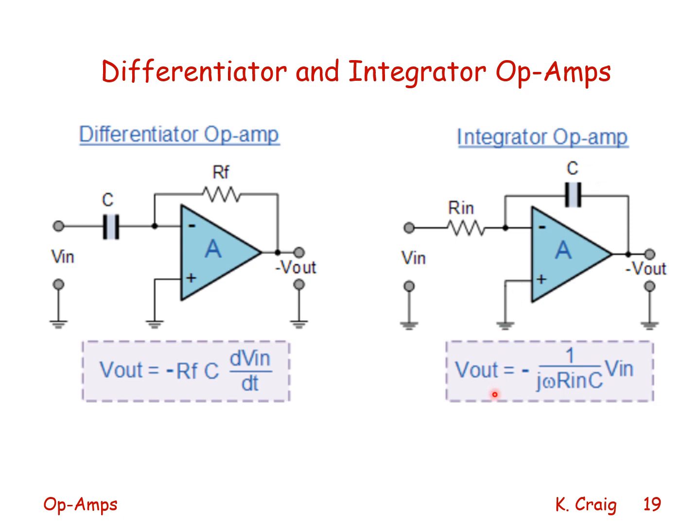We then get V out is equal to minus 1 over Rin times CS, or D, where we have replaced S with J omega for frequency response. So this is the relationship between V out and V in, where now you're integrating V in to get V out.